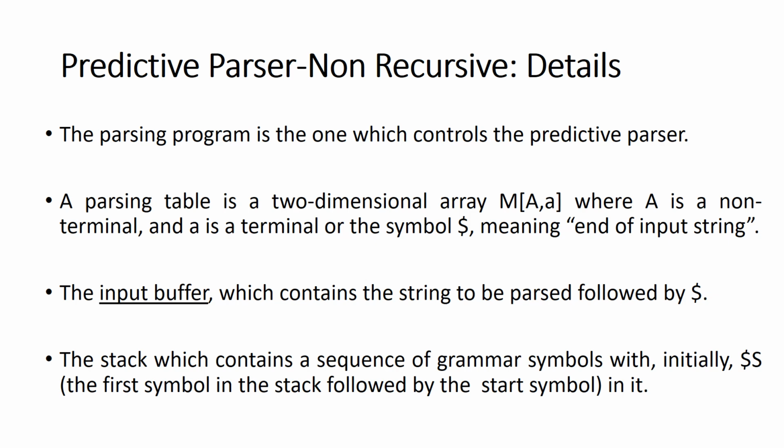We have the input buffer which contains the string to be parsed followed by dollar. And we have the stack, which contains a sequence of grammar symbols with initially dollar at the bottom of the stack followed by the start symbol of the grammar.